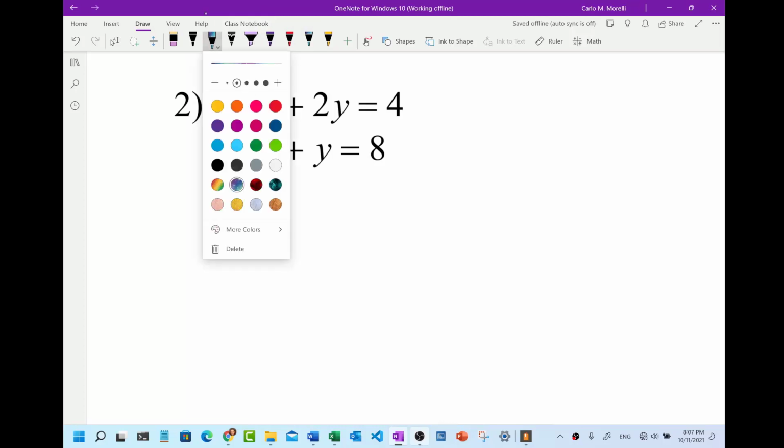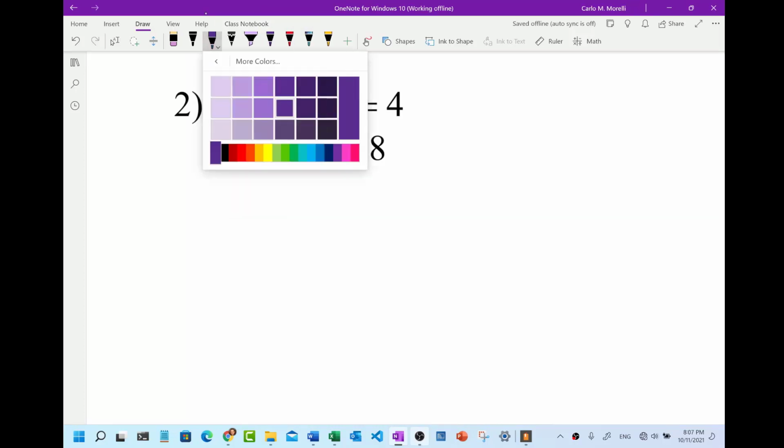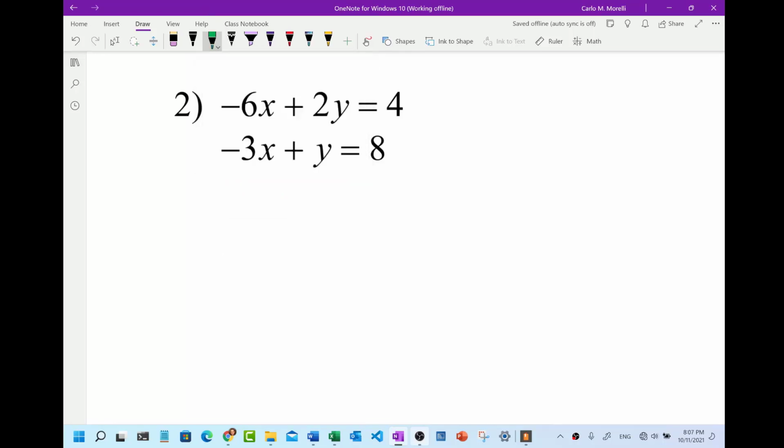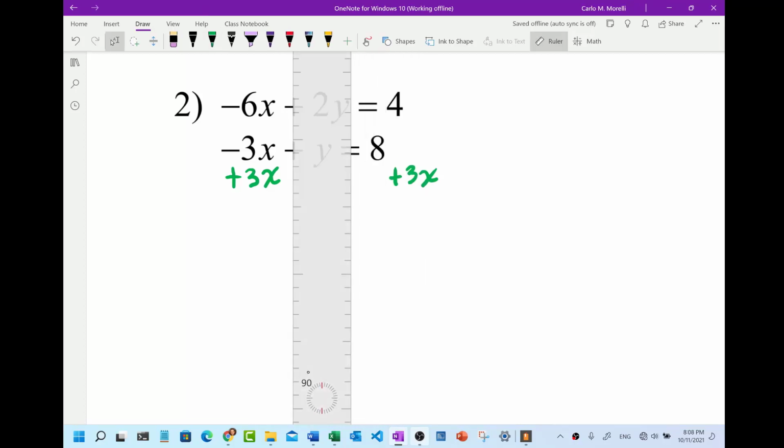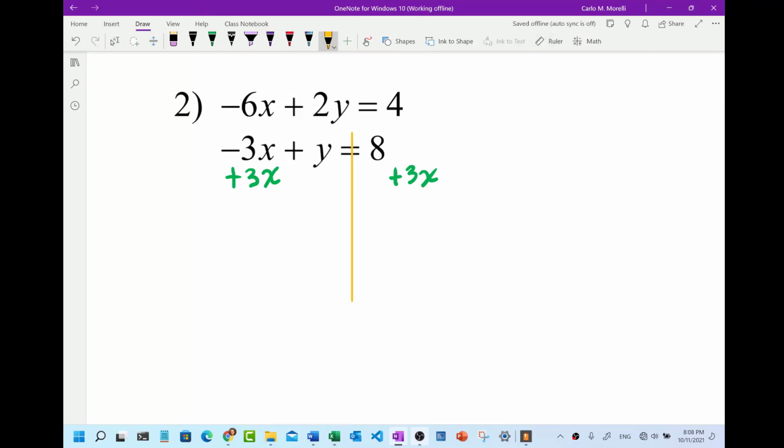Let's select some color. I try to choose different colors. Let's find something we haven't used a lot of. Some kind of green here. All right, so we would plus 3x, and we've got to keep our scale balanced, so we're going to plus 3x here. And then I'm going to drop that little guide mark to keep everything nice and orderly.